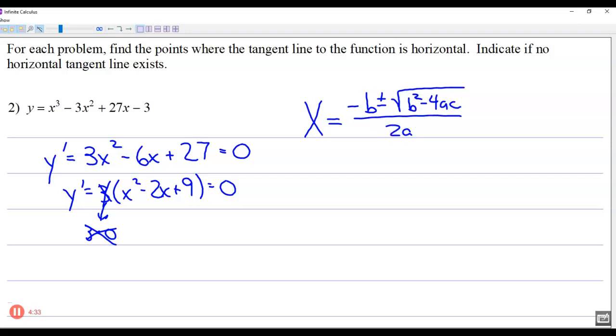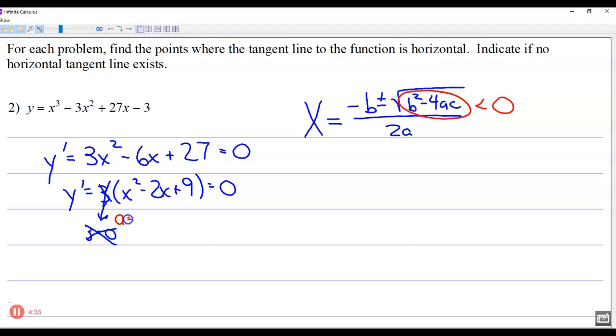When does this equation not work? When do I get no solution? If the thing under the square root is less than zero, then we get a negative, right? Then we can't take the square root of a negative and there'd be no solution.